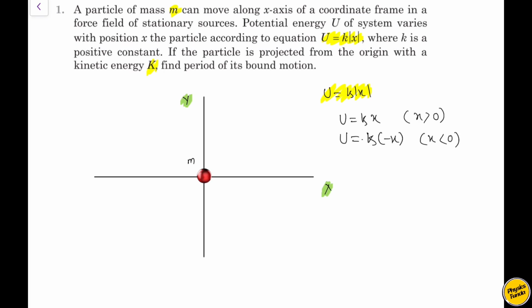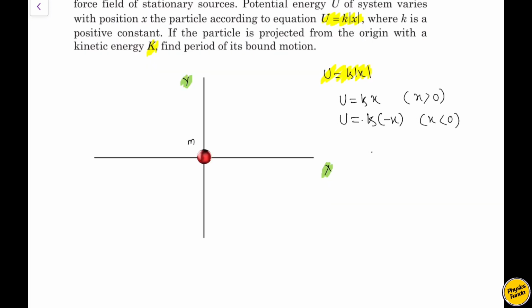So I can say that in the positive x-axis my potential energy will vary according to this equation, and in the negative x-axis it will follow this equation, right?